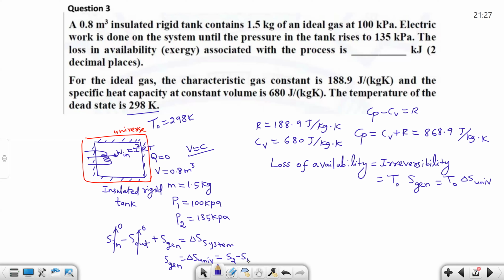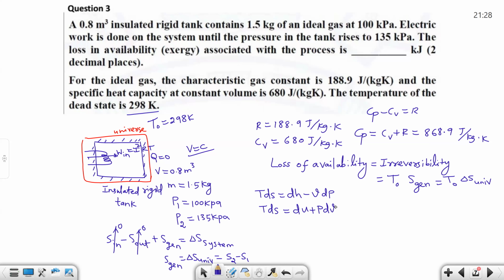There are two equations through which you can find it. TDS equal to DH minus VdP. This is one. Another equation is TDS equal to du plus PdV.